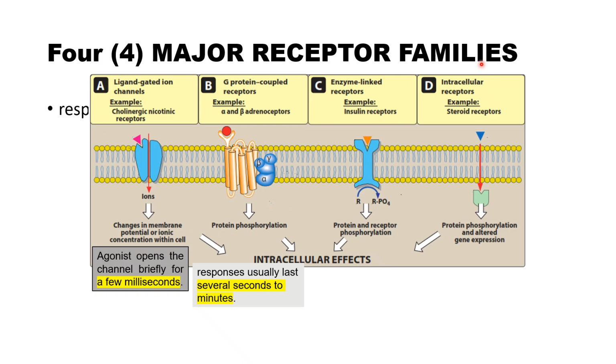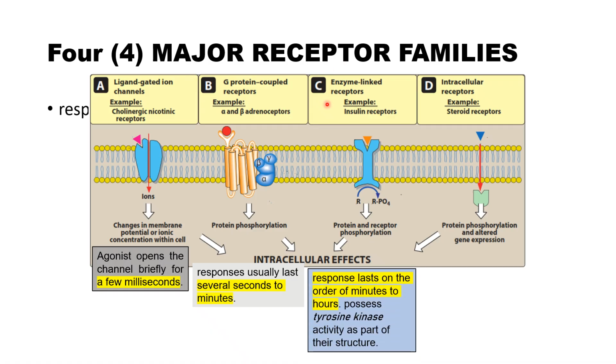The third type of the major four receptor types is the enzyme-linked receptor, and we gave the example of insulin. And here, the binding of the insulin as a hormone to the cell membrane receptor will lead on the intracellular part to the activation of tyrosine kinase, which is the enzyme that is linked to this receptor from the other side of the cell membrane.